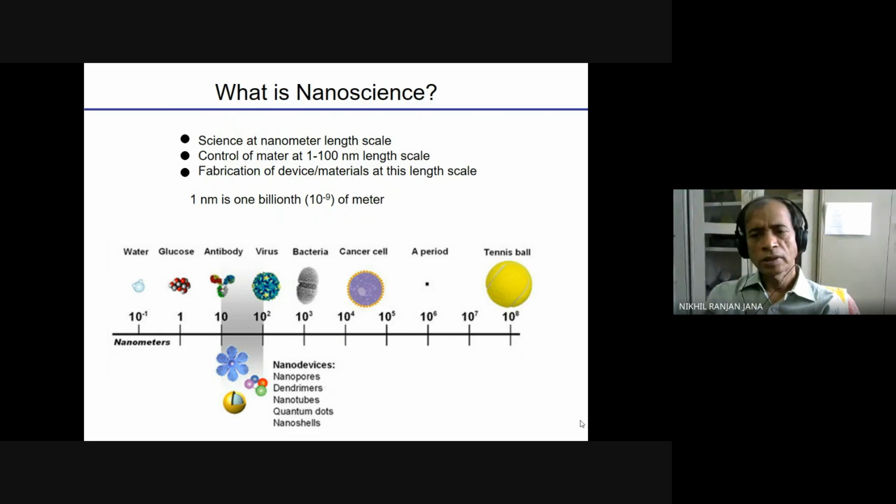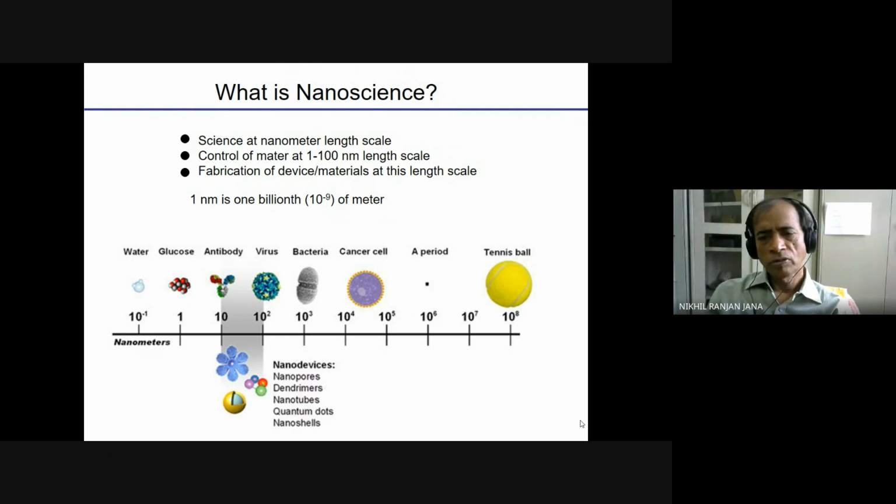Not only synthesis, it's application of these length scale materials or device fabrications. And 1 nanometer is actually 10 to the power minus 9 meter. It's very difficult to imagine that size. In order to have some idea about this, I have shown at the bottom of the slide several images.